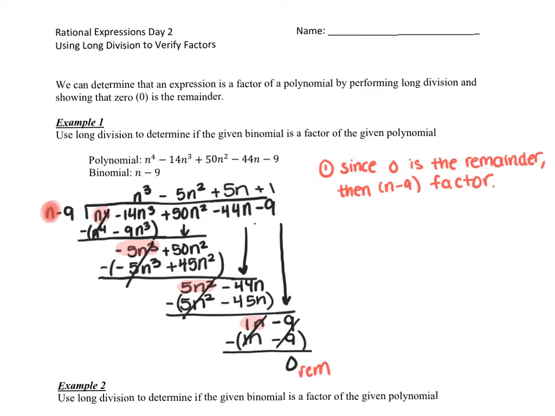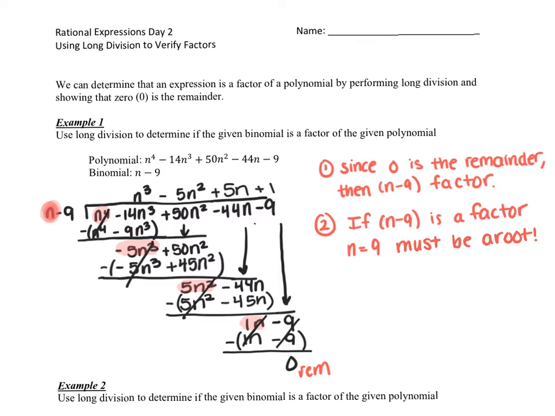Now, there's another thing that we can conclude from this. We can conclude that if n minus 9 is a factor, then the opposite sign must be a root. So n equals positive 9 must be a root.